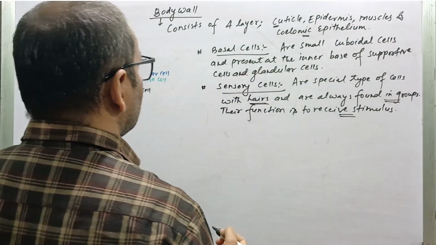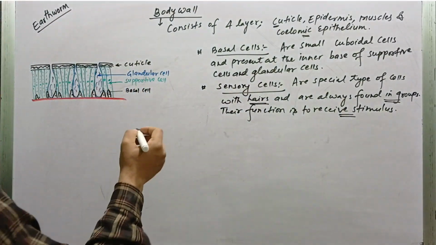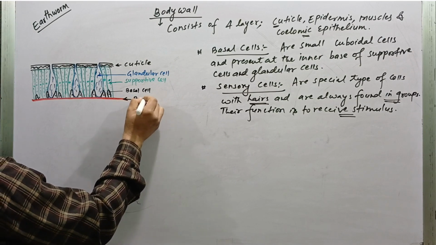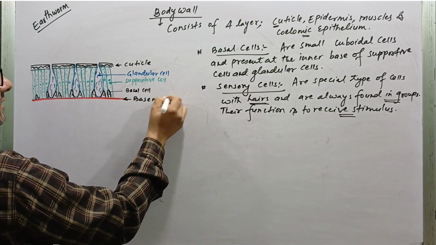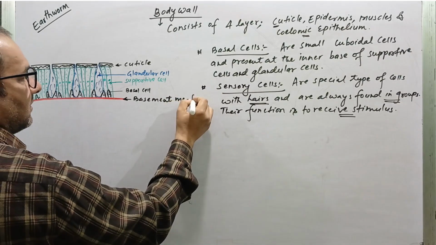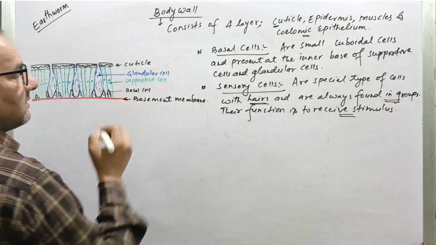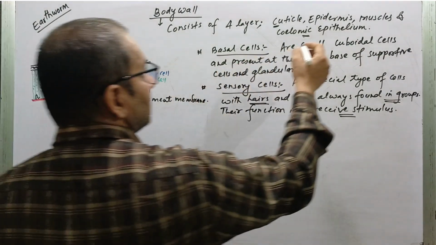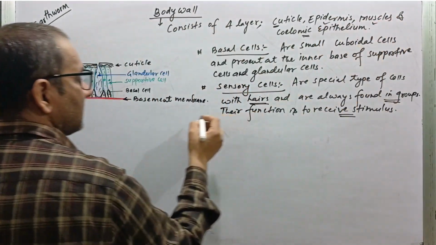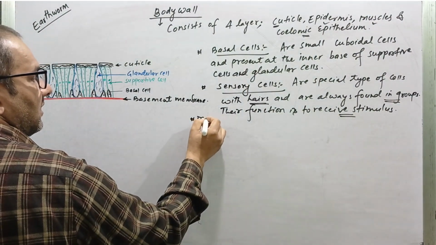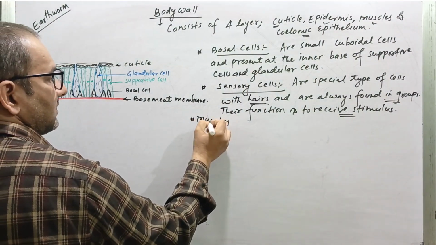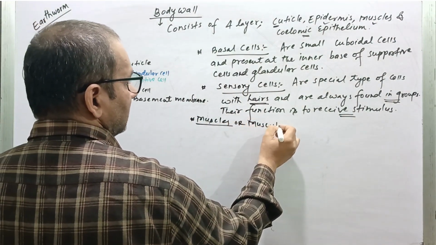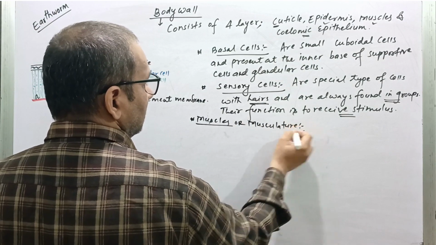So, this is about the epidermis. The whole epidermis rests on a membrane and this membrane is called the basement membrane. Now, inner to this epidermis, the layer of muscles is present. Now, about the muscles, also called musculature.